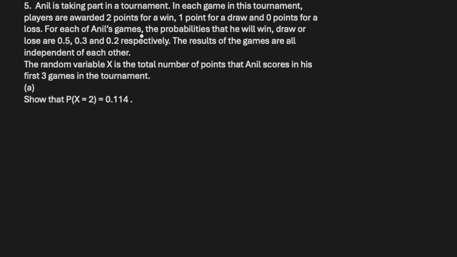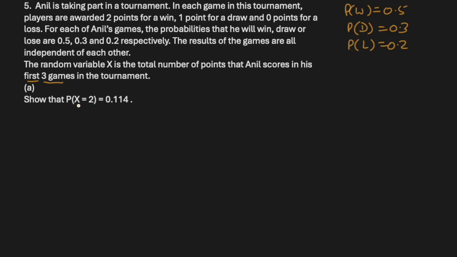For each of Anil's games, the probability of winning is 0.5, the probability of a draw is 0.3, and the probability of losing is 0.2. The results of the games are all independent of each other. The random variable X is the total number of points that Anil scores in his first three games.